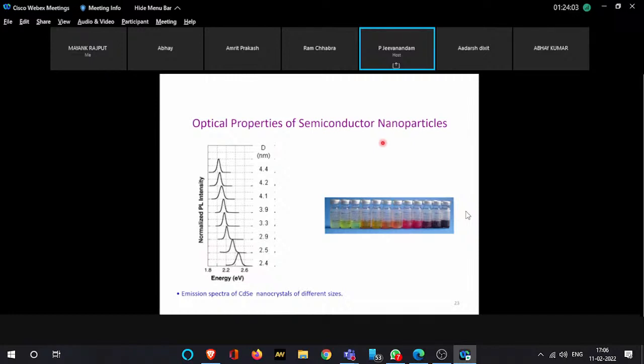Obviously, it is absorbing some visible light. Does bulk gold absorb visible light? No, sir. But then gold colloid is wine red colored. Faraday prepared it 200 years back. Very, very interesting, correct? So it doesn't have a band gap. Now what is the origin of the color?